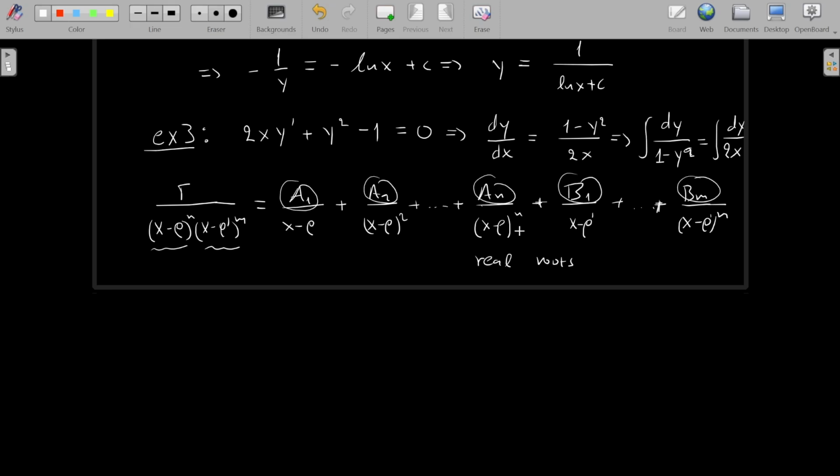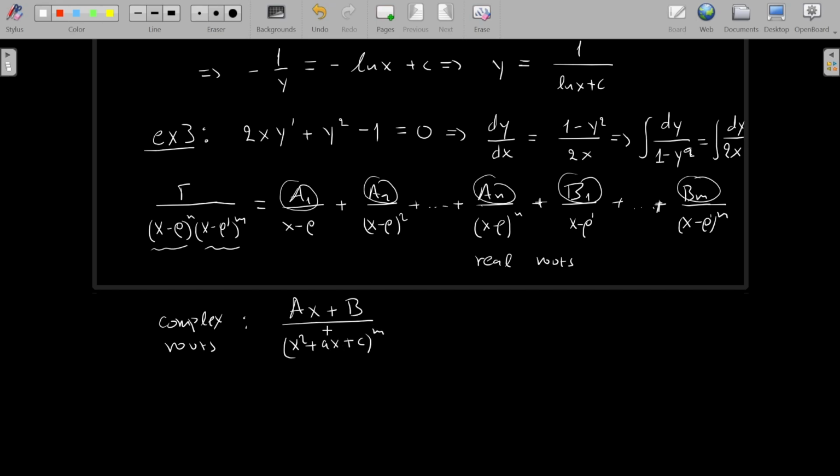In the case of complex roots, we have the same number of fractions for the multiplicity, but in the numerator, instead of constants, we have something like a x plus b over x squared plus a x plus c.